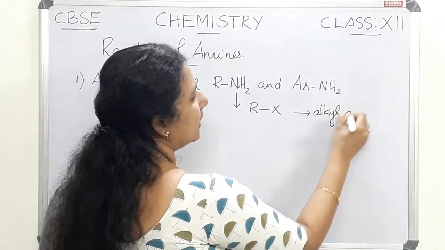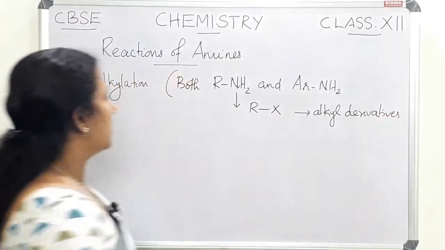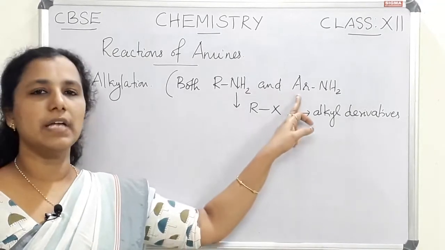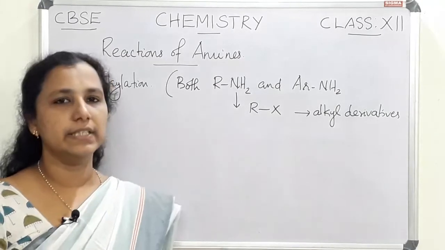So different alkyl derivatives are formed in this case. In alkylation, both aliphatic amines and aromatic amines react with alkyl halides to produce alkyl derivatives.